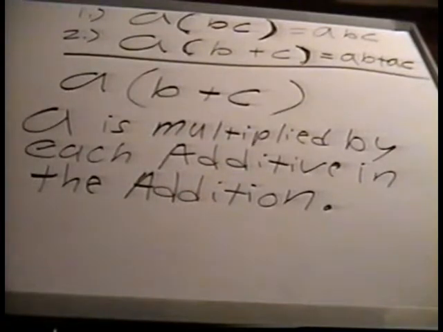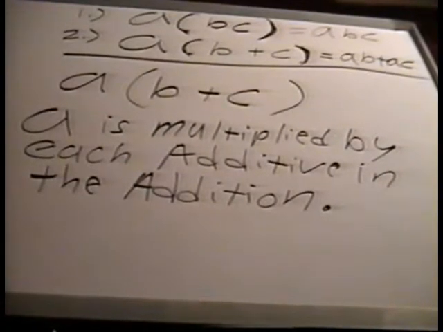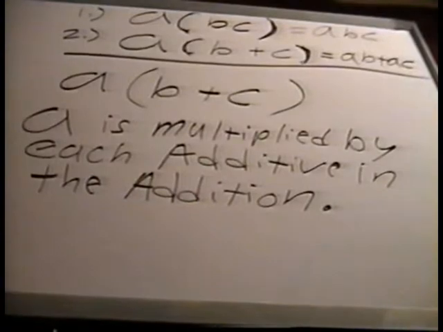Now here, we know 2 times 3 equals 6. So that's also equal to x times 6, or 6x. Here we're dealing with 2 numbers.